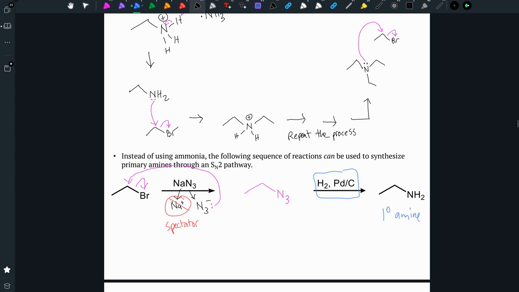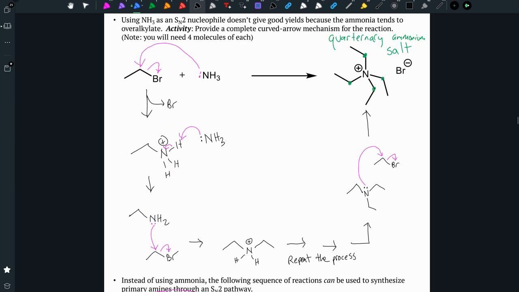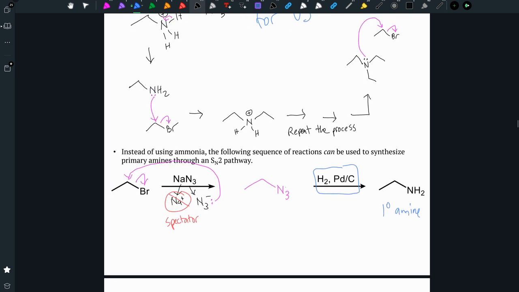So if you ever want to make a primary amine, you can use the azide as a nucleophile in an SN2 reaction, and then use this catalytic hydrogenation to reduce it to an amine. So NH3 is not really useful for us, but we have a workaround. It's just a couple of steps.